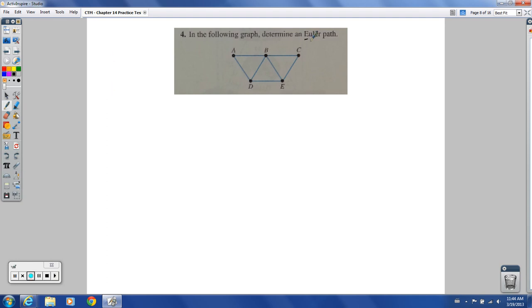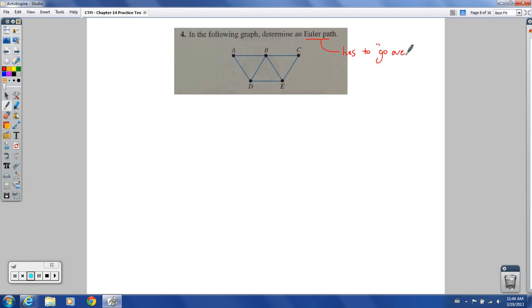So an Euler path, remember, has to cross each edge, or go over each edge. We're going to do that in red, these little notations that I'm making.